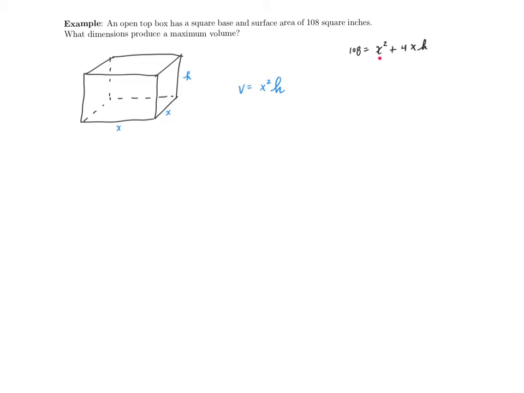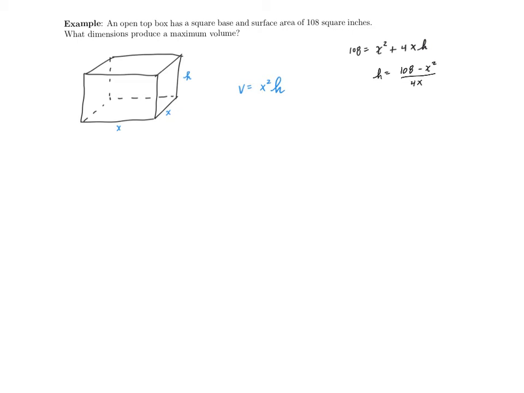So we're taking the area of the base plus the 4 sides' area added together. And this is a very common part of the problem. We want to somehow rewrite the volume so that it only involves one of these variables, and we see that we can easily isolate the h in our equation to the right. So if you were to isolate h, we would need to subtract x squared from both sides and divide by 4x.